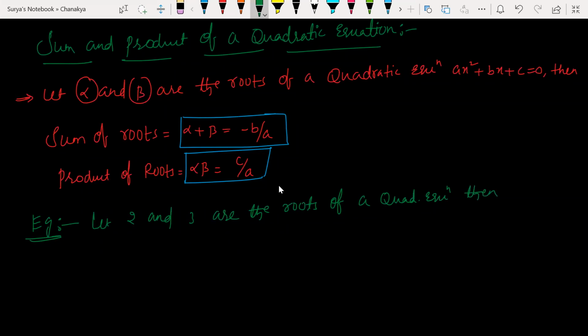Then, if you are not writing like that, let us write like this.